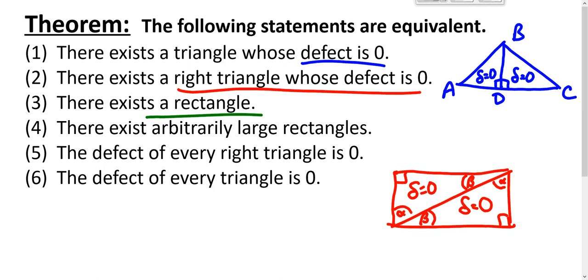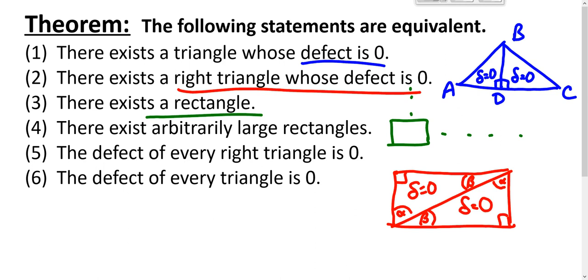Once there is a rectangle, are there arbitrarily large rectangles? Sure there are. Once there is a rectangle, you can stack it out this way, you can stack it out this way, you can play them like dominoes. And what do we mean by arbitrarily large? We mean that we can make the sides of the rectangle bigger than any number we want. And that's true.